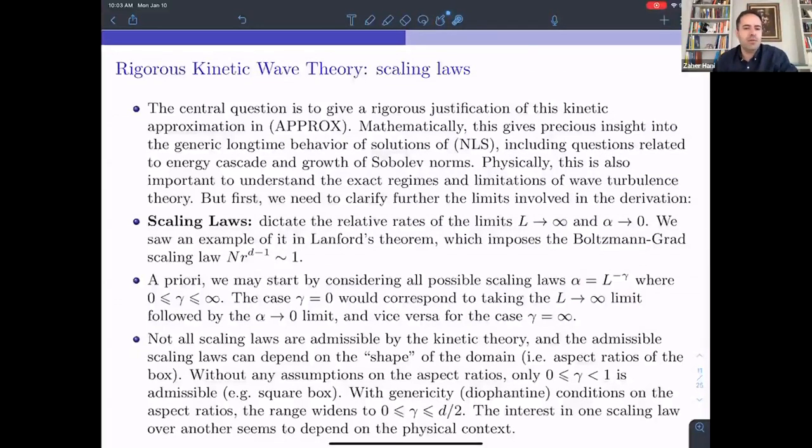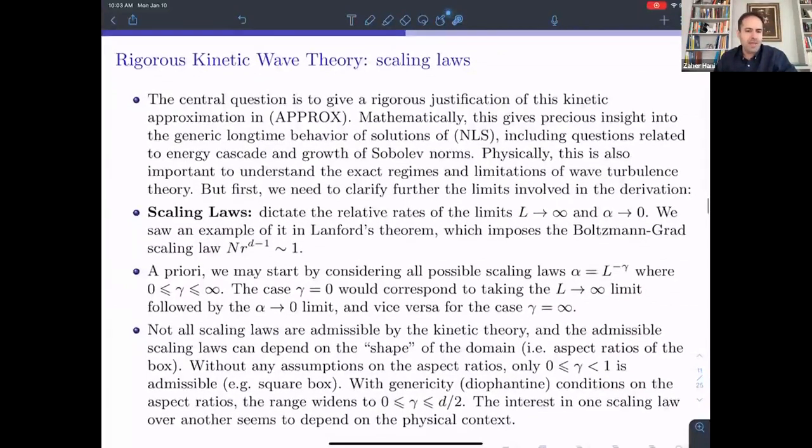What does gamma equals 0 mean? You can understand it as taking the limit L goes to infinity first, followed by the limit alpha goes to 0, and vice versa for gamma equals infinity. I won't go too much into the explanation here, but it doesn't take too much time and effort to see that not all scaling laws would give you a kinetic theory.